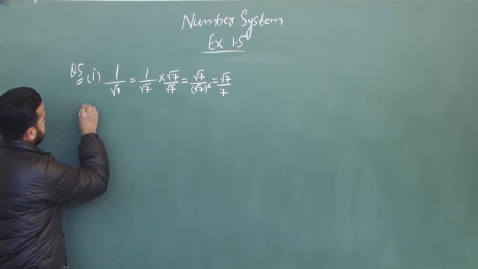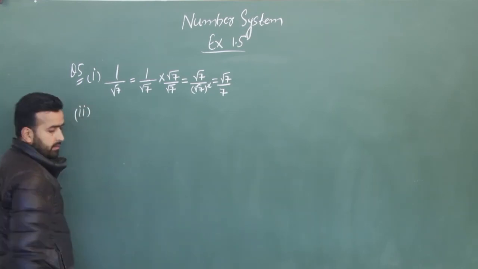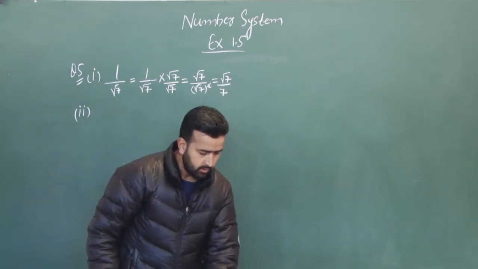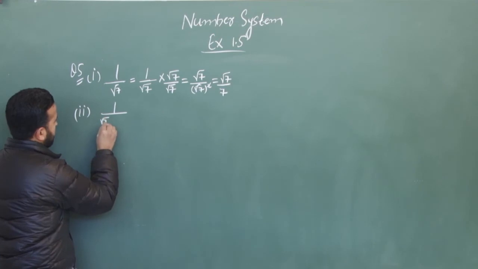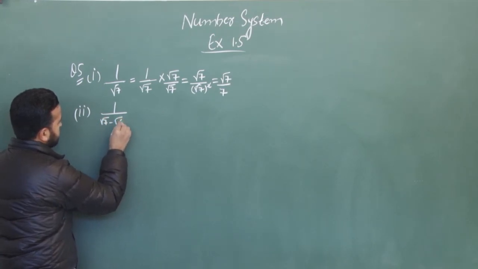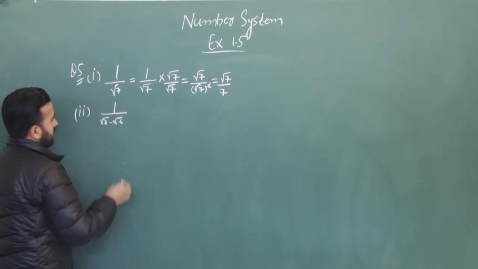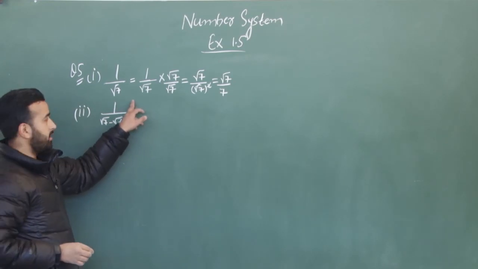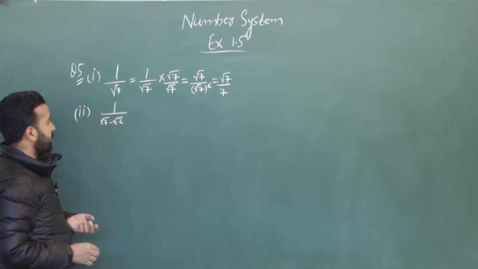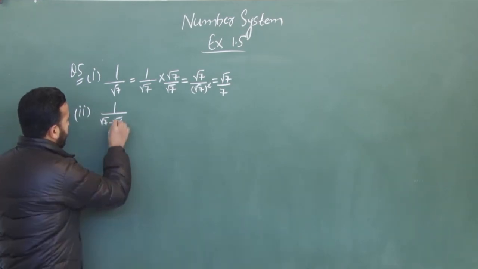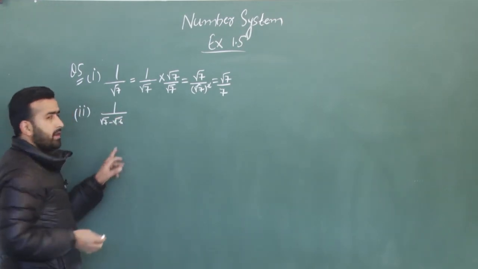Second part, that is 1 divided by under root 7 minus under root 6. Now in the first case we had one term here, but now we have two terms. How to rationalize such a denominator?